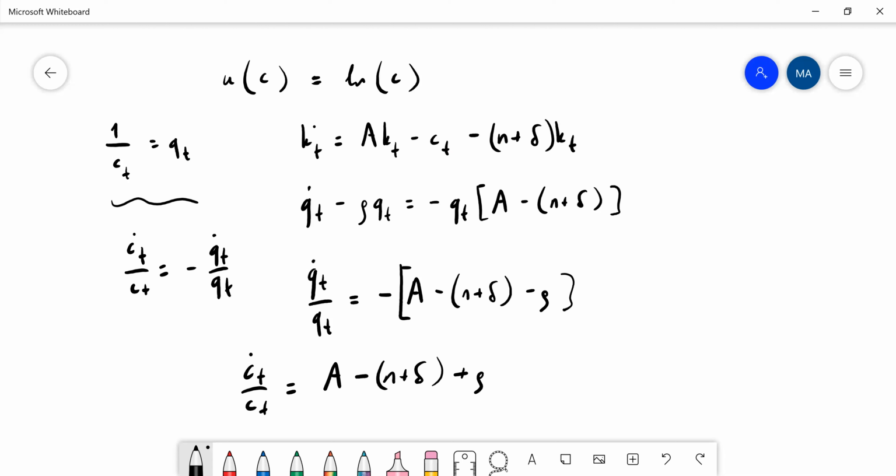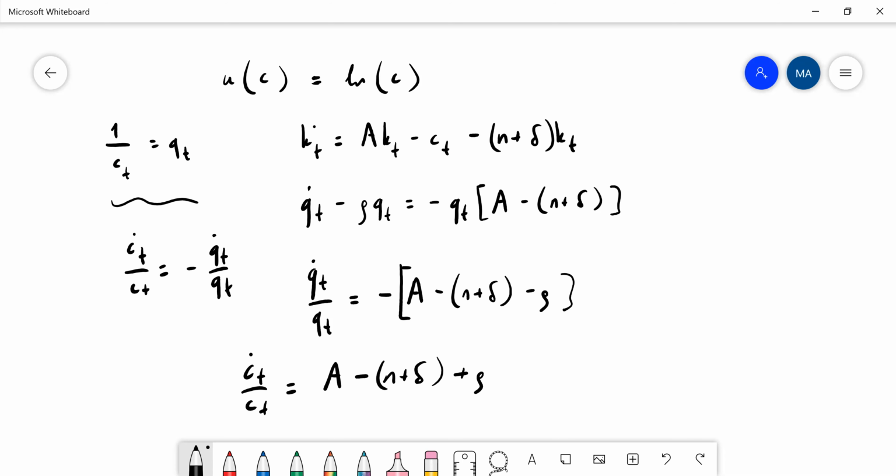So the idea is that this model now tells you consumption in the steady state will grow. And of course, if consumption needs to grow, there will be an upper limit for consumption. Your output level will determine how fast you can increase your consumption.